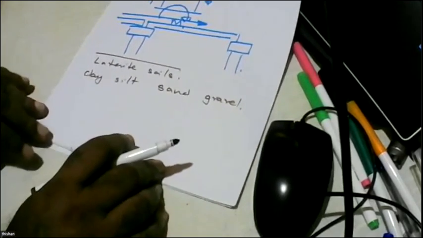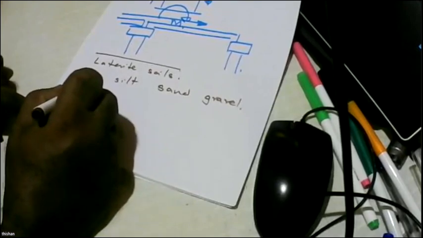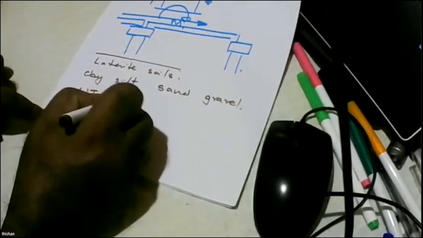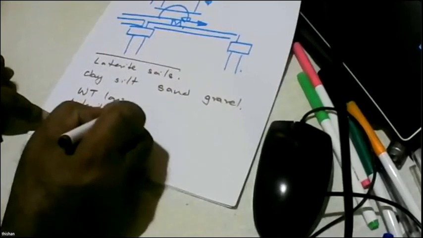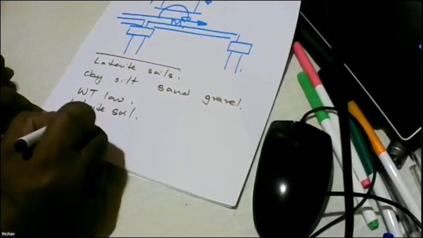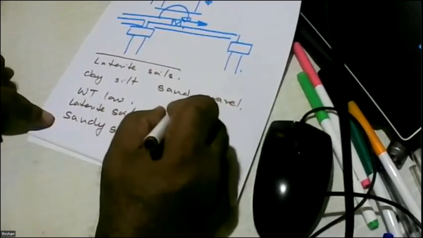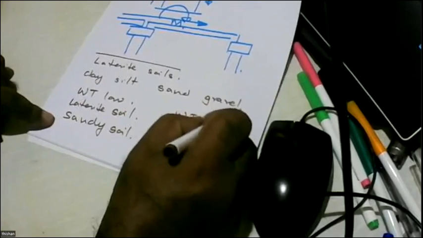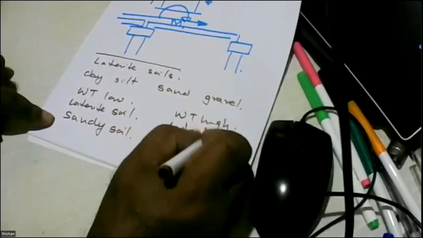When the water table is low, laterite soil behaves more like a sandy soil. And when the water table is high, it behaves more like a clay soil.